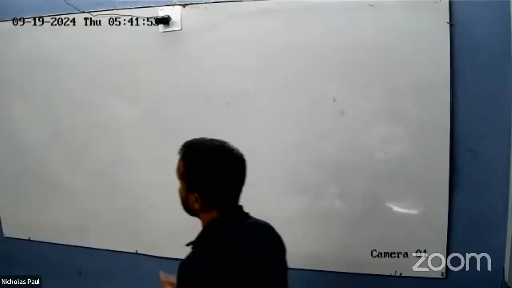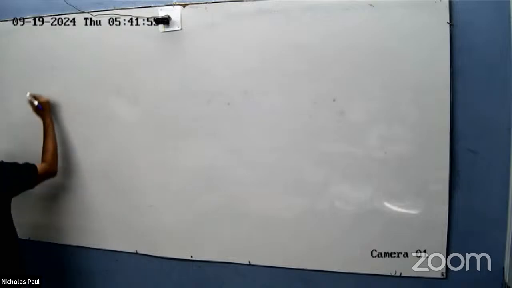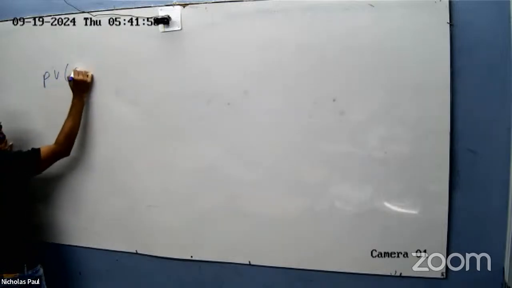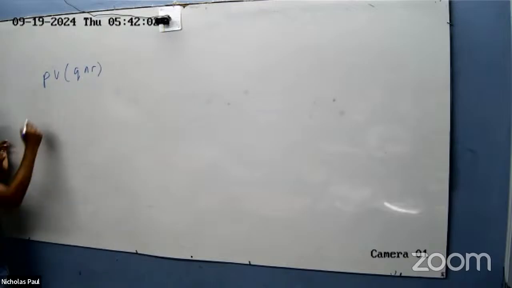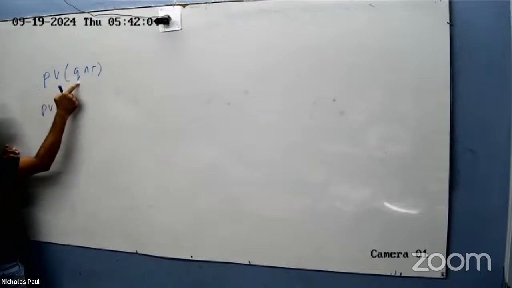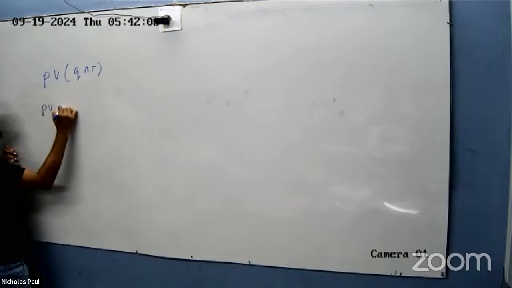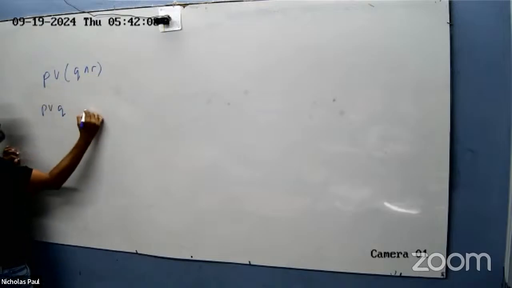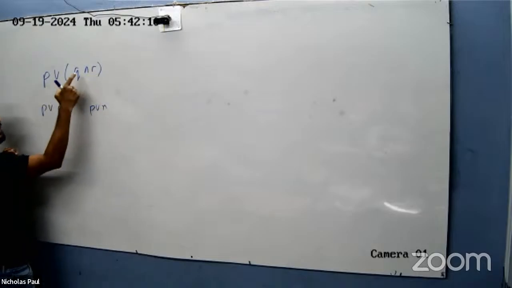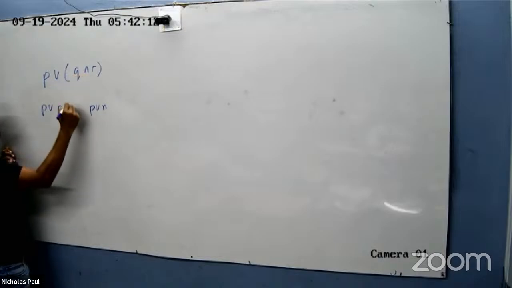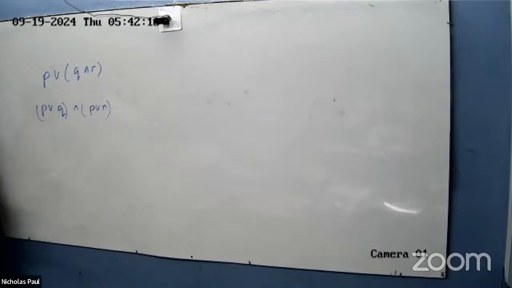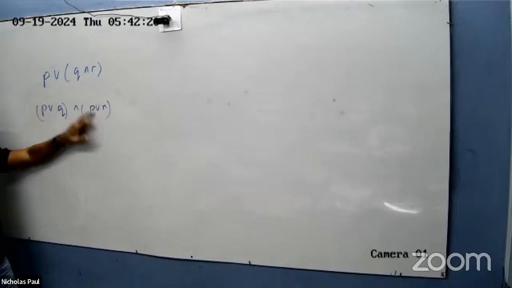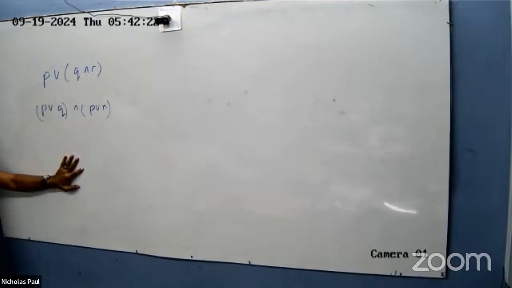Suppose you had P or Q and R. It's kind of like multiplying it out. So it will be P or Q, so you're multiplying P by Q, you're multiplying P by R, and then what goes in the middle? And. So you're multiplying this by Q, this by R, and then the and goes in the middle. That's it.